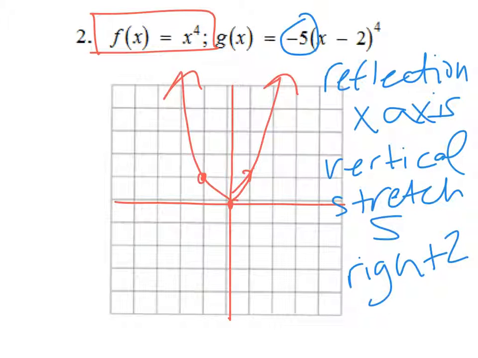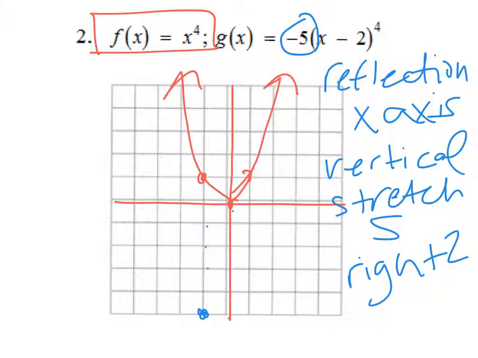Alright, so let's graph our transformed function. So first we see the negative 5. So we know it's going to be flipped, and instead of going over 1, up 1, it'll go over 1, down 5. Which puts this point here.